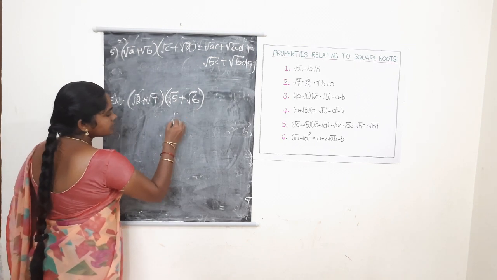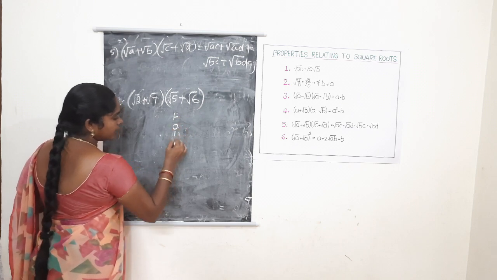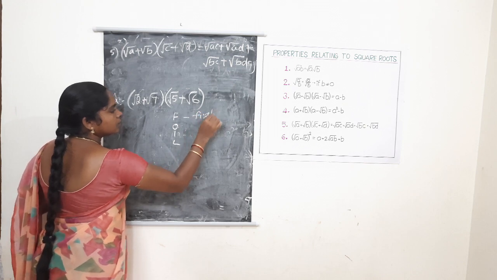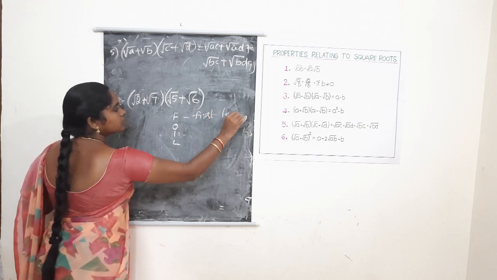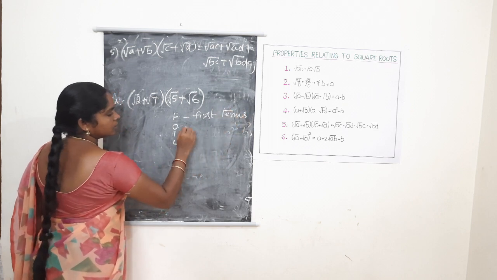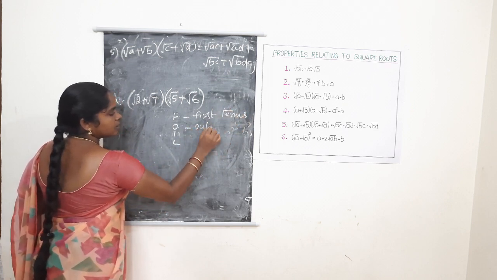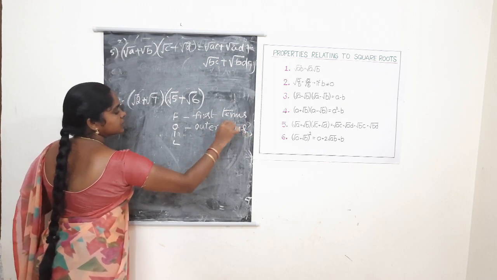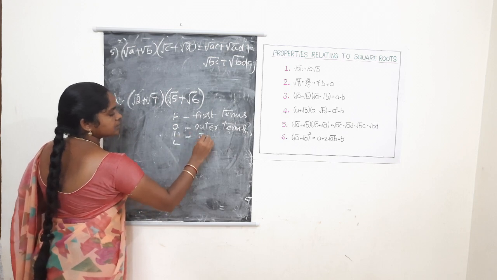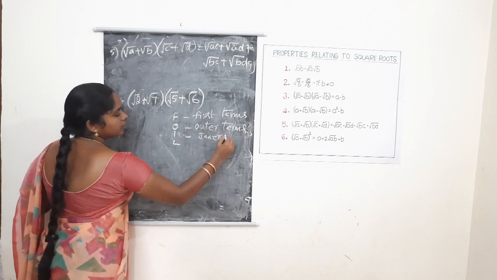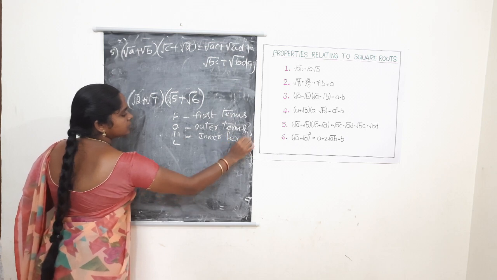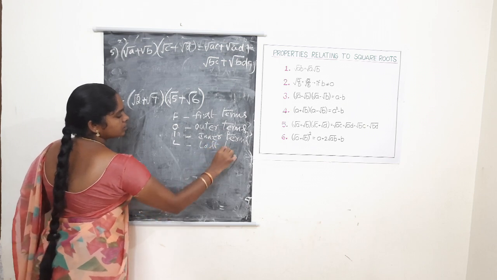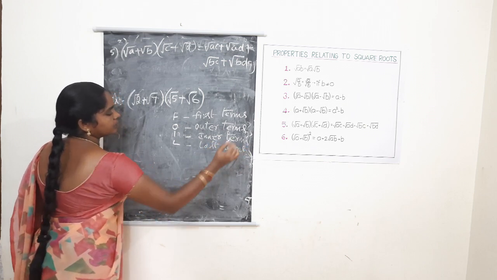FOIL means: F, first terms; O, outer terms; I, inner terms; L, last terms.